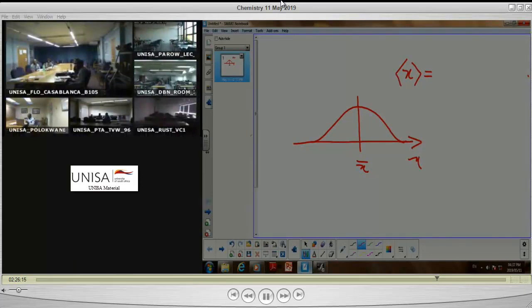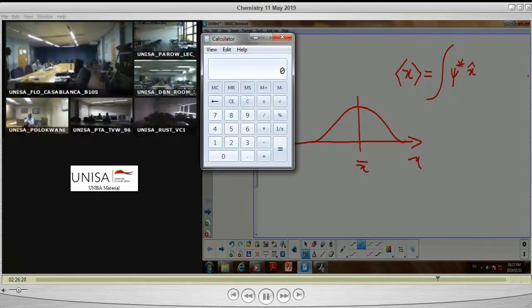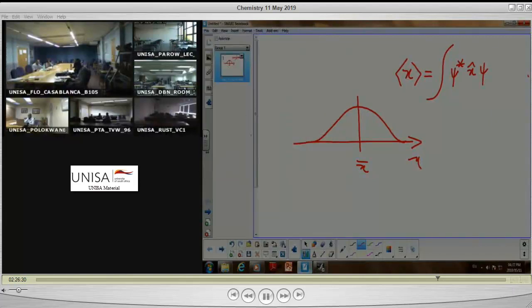Your wave function is already normalized. You cannot write this if it is not normalized. Your wave function is already normalized. So that mean value is the same as we get in experiment.